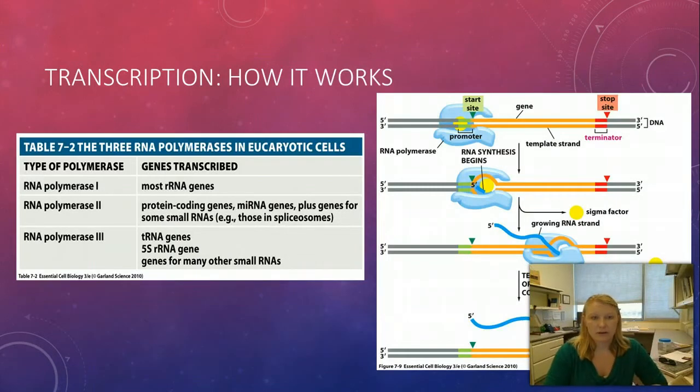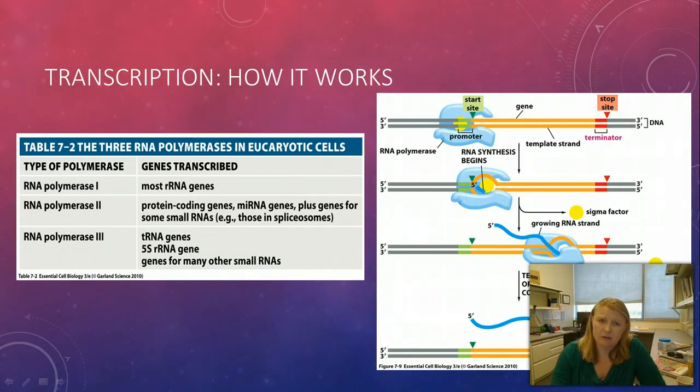So then how does it work? Now, one quick note before we move on is that transcription has a variety of RNA polymerases in the eukaryotic cell. RNA polymerase 1 and RNA polymerase 3 both transcribe RNAs that are not going to be used to make proteins. These are the ones that make rRNAs or tRNAs or miRNAs or other things like that.